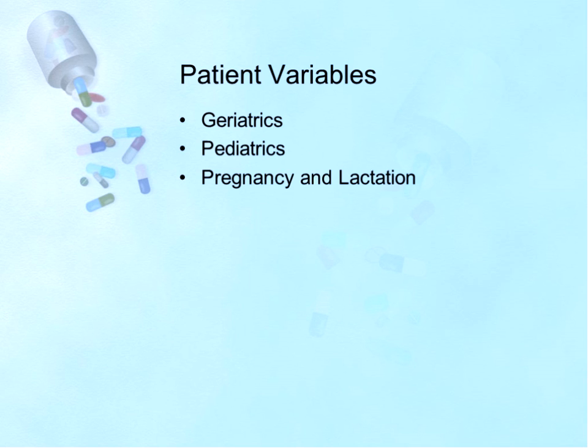These should be used with caution and monitored closely for adverse reactions in the geriatric population. However, no dosages need to be changed for the ophthalmic use in the elderly. And these medications can be used in pediatrics, pregnancy, and lactation.